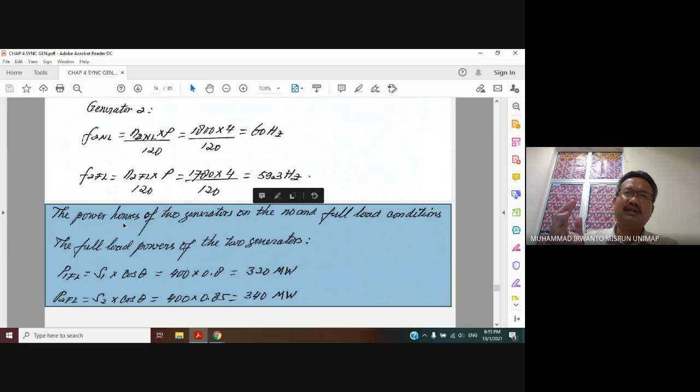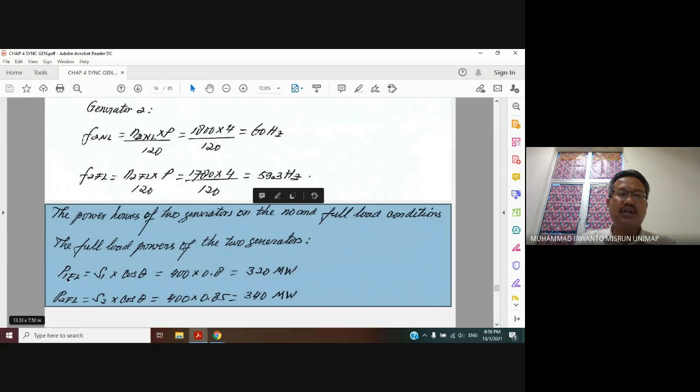I repeat again that based on the data given above, the rated power in VA is as indicated, the generator can serve for the maximum load. So we can define that the full load power in megawatt can be obtained by using this formulation.